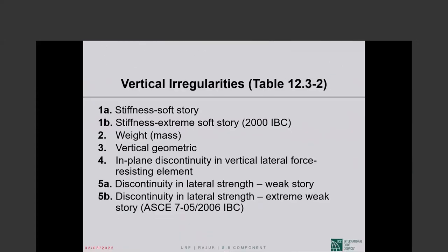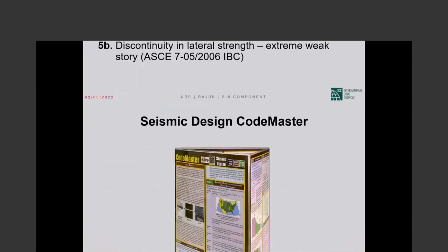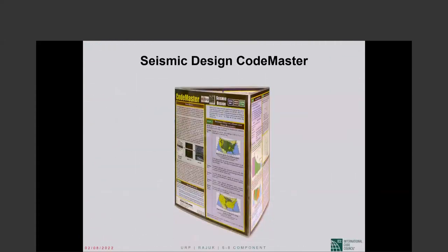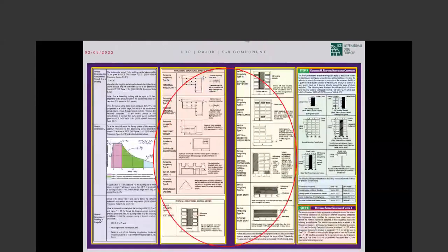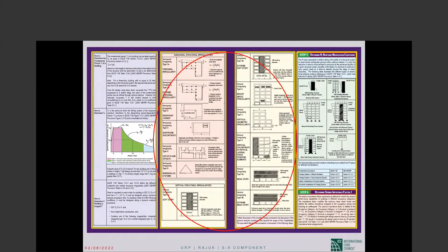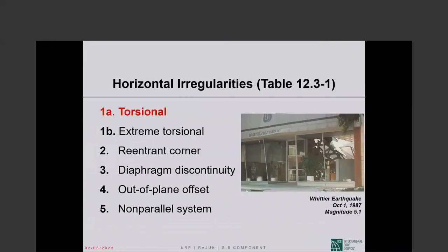The vertical irregularities are stiffness, extreme stiffness, soft story, extreme soft story, weight irregularity, vertical geometric, in-plane discontinuity, discontinuity in lateral strength or weak story, and then extreme weak story. In our seismic design code master, I wanted to show how much space we have devoted to this topic of irregular structures. It is that important.